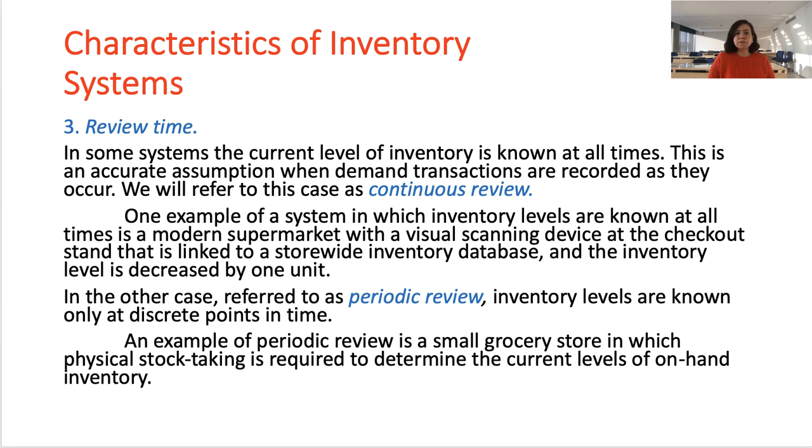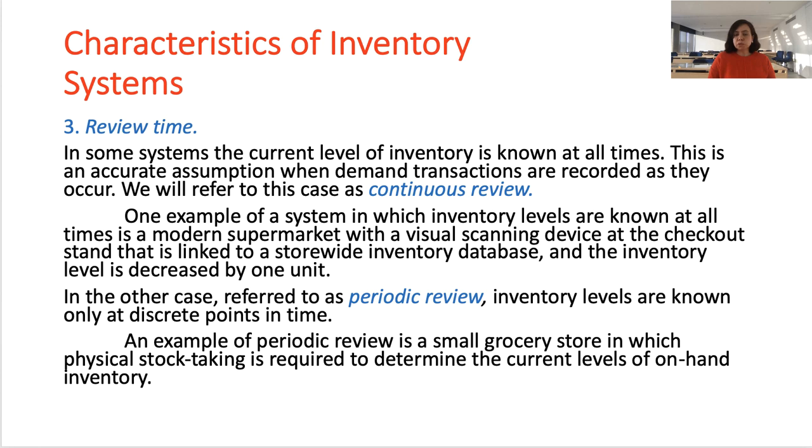Review time is one of the characteristics of inventory systems. We can categorize review type into two categories as continuous review and periodic review. If the demand transactions are recorded as they occur, we call this case continuous review.